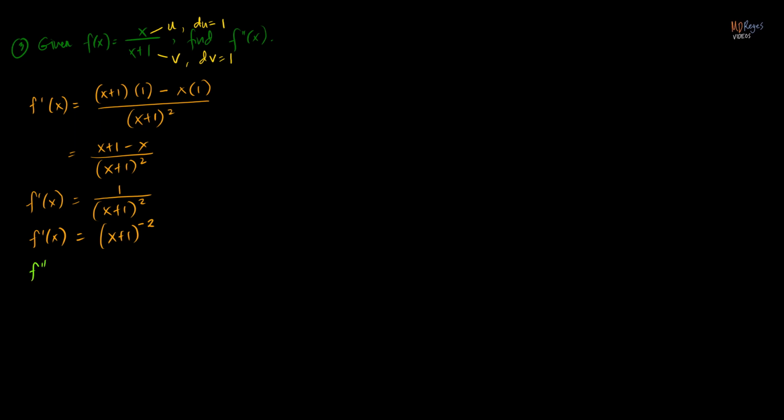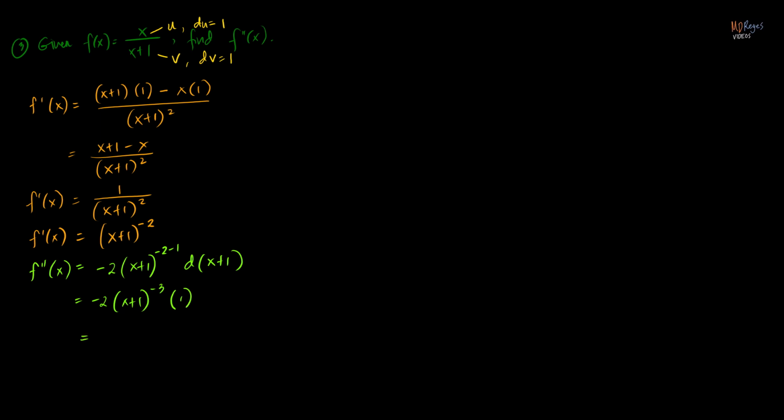So f double prime of x, using the generalized power rule, is just like the power rule multiplied by the derivative of the base. So what we do is bring down the exponent, copy the base, subtract 1 from the exponent, and take the derivative of the base. So it's -2 times x plus 1 raised to -3. The derivative of x plus 1 with respect to x is just 1.